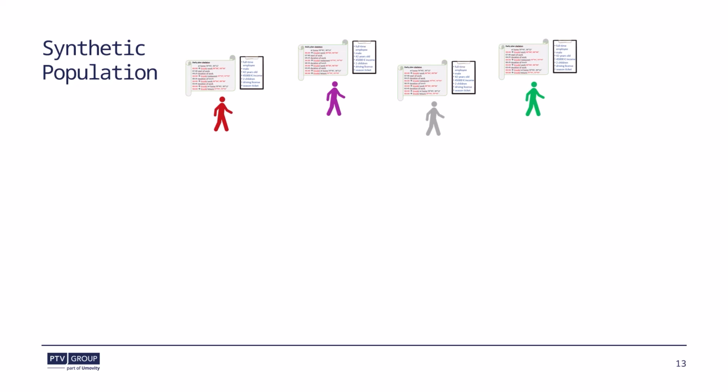So we start with this sample. We start with concrete persons surveyed in a household interview survey. All these persons have certain characteristics and they have a complete daily plan. Actually, we use only the skeleton of these plans.